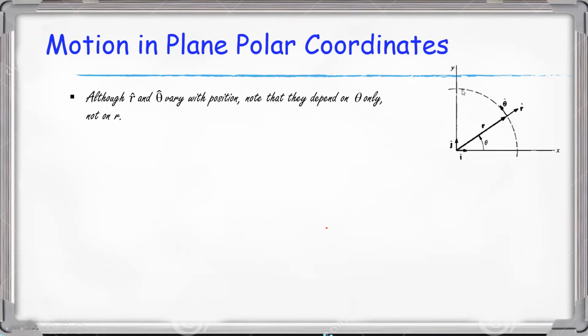Okay, here r is not changing. r is the radius vector, it is not changing its magnitude. Okay, that we will prove now.